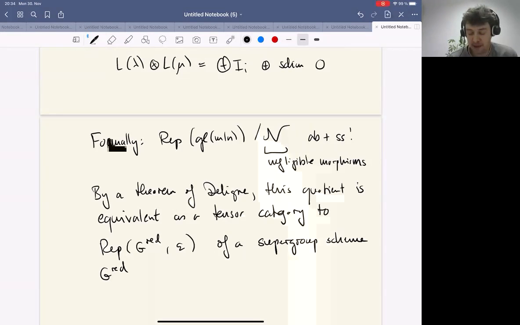In general, if you take, let's say, Rep GL(m|n) and you quotient any other tensor ideals, you don't get anything reasonable anymore. So the major thing is you still have a representation category. And you see this is a semi-simple representation category. And that's a very harsh condition in the super world because you almost never have semi-simplicity.